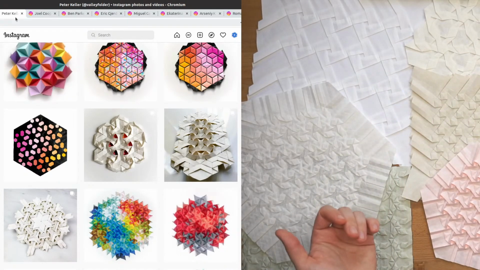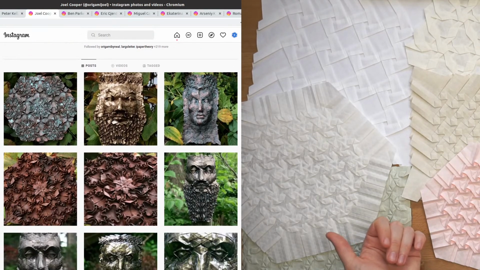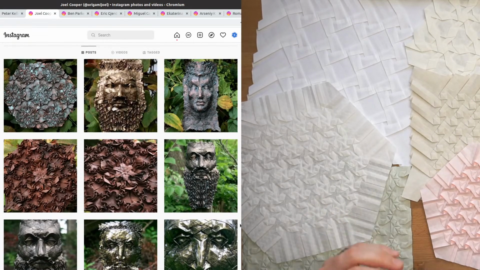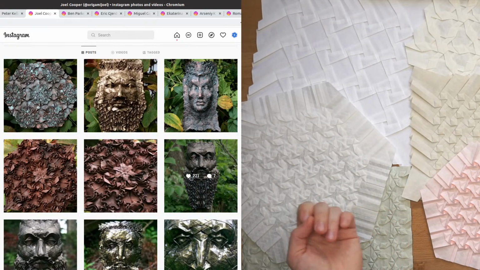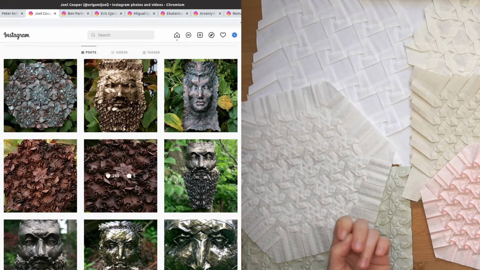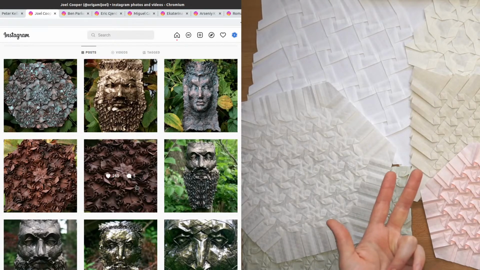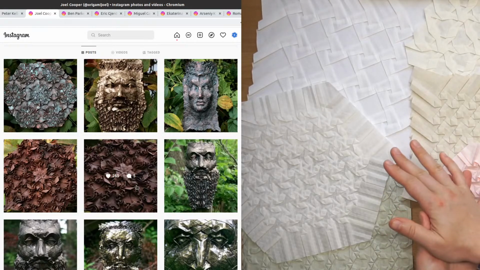This is a feature that Peter Keller shares with the next artist, Joel Cooper, who uses these kinds of twists in elaborate mask structures. So these masks are not themselves tessellations, but they do use tessellation techniques. So tessellation techniques include pleat overlaps, twists, bringing pleats together into intersections where you can then flatten them.